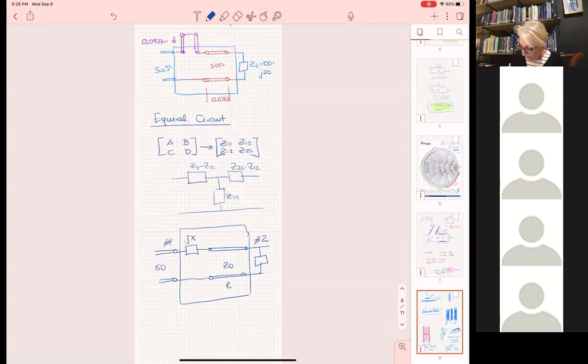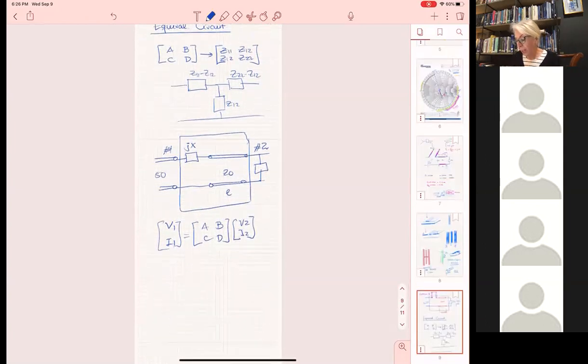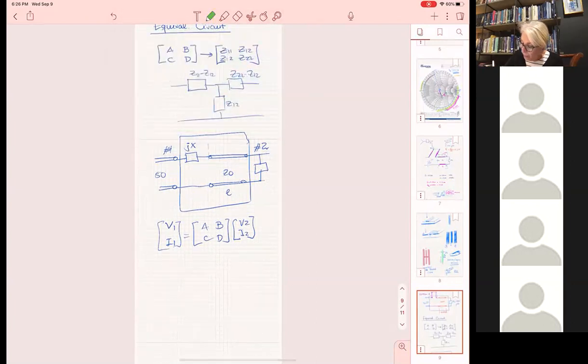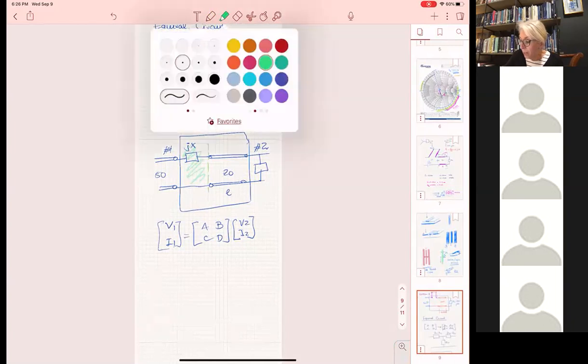So we have V1, I1 equals A, B, C, D times V2, I2, and we need to find the ABCD. Now, I cut this into two smaller pieces because my book gives me the transmission matrix for this one, and then it gives me the transmission matrix for this one.